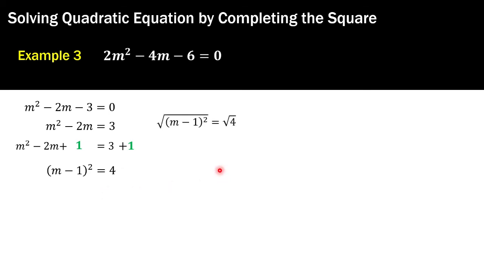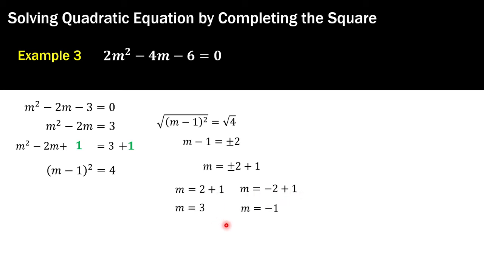Getting the square root of both sides of the equation, we can have m minus 1 is equal to the square root of 4, which is positive or negative 2. Transposing negative 1 to the right side of the equation, we can have 2 plus 1 and negative 2 plus 1. Simplifying, we have 3 and negative 1.